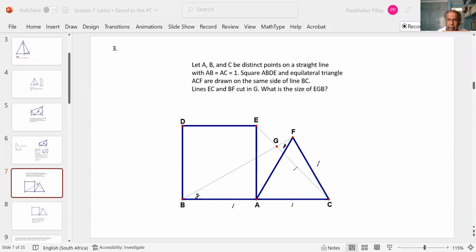The problem was to find EGB, this one here was X, and we know that X is equal to Y plus Z, and we had that Z there.